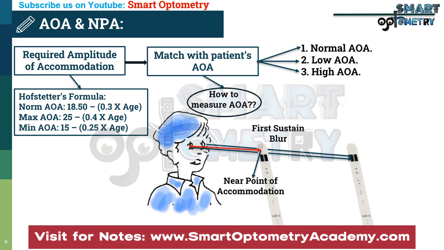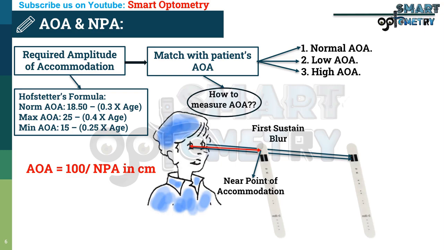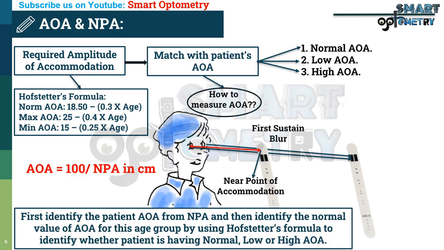Then amplitude of accommodation can be identified by using the formula: amplitude of accommodation equals 100 divided by near point of accommodation in centimeter. Conclusion: first identify the patient's amplitude of accommodation and near point of accommodation, and then identify the normal value of amplitude of accommodation for this age group by using the Optometry formula to identify whether the patient is having normal, low, or high amplitude of accommodation.